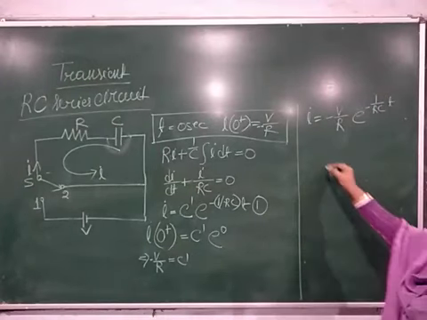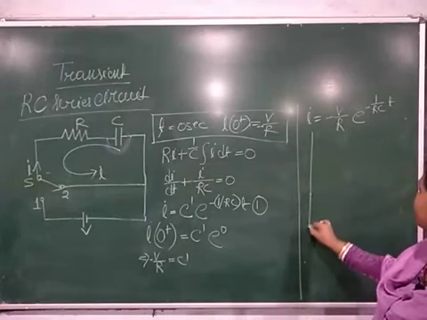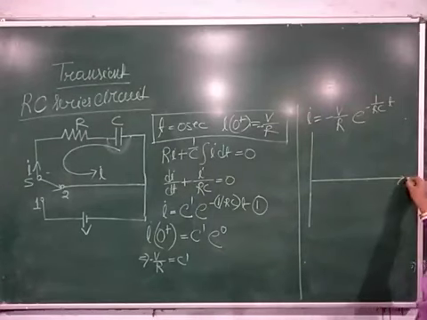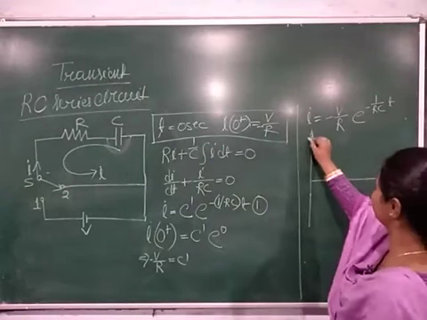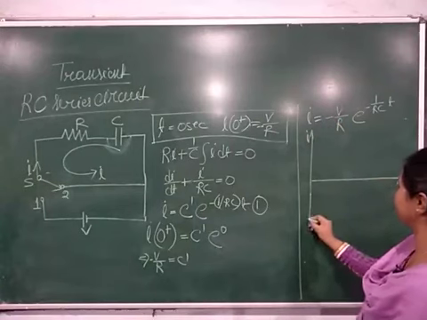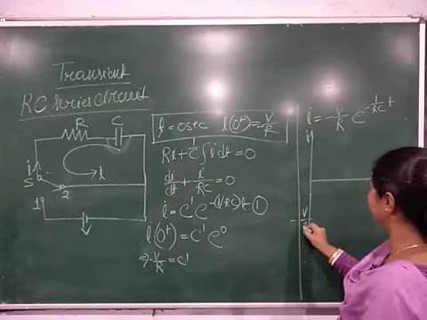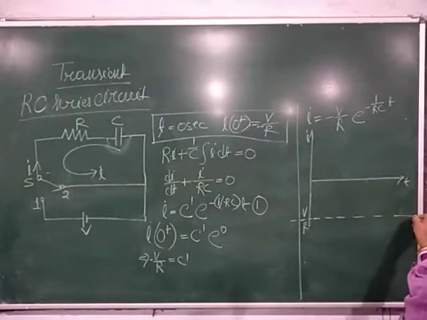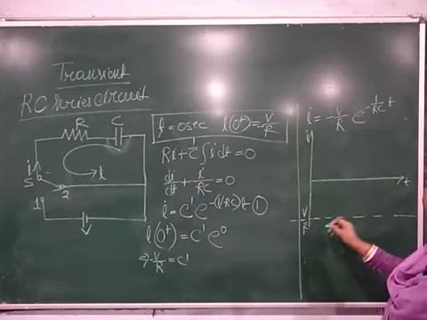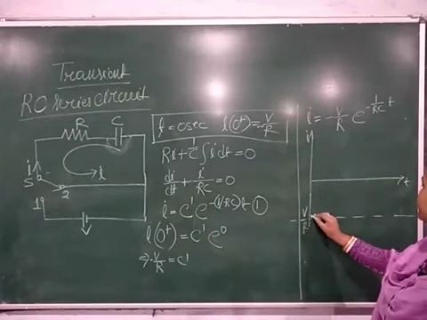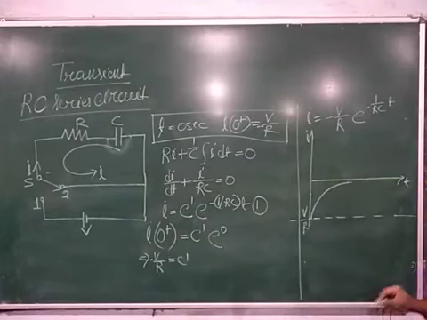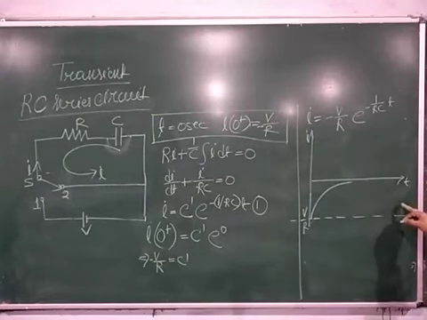And what is the response? The response diagram is like this: this is the time, this is the current, the steady value is minus V by R, and it is exponentially decaying like this. This is the transient response of the RC series circuit during the discharging case.